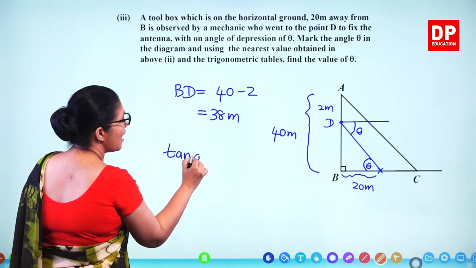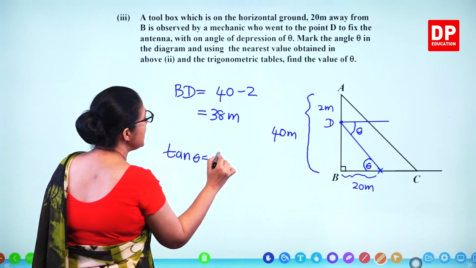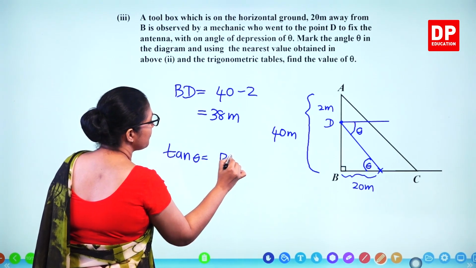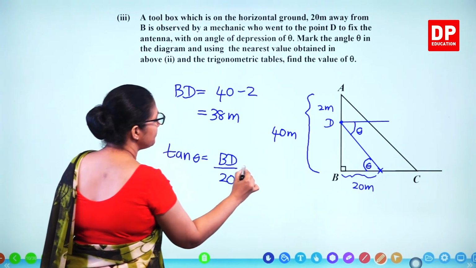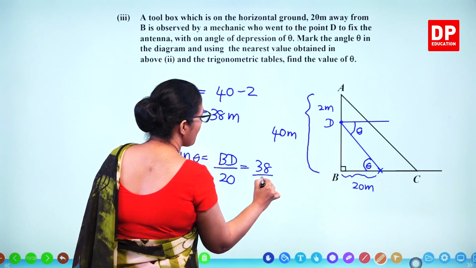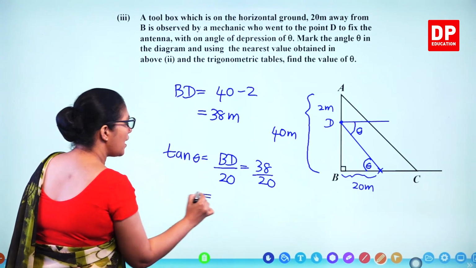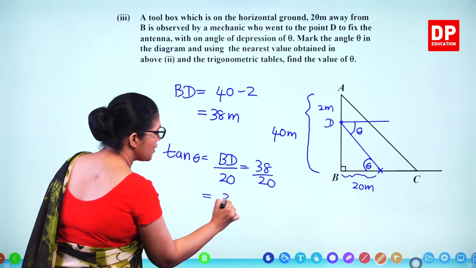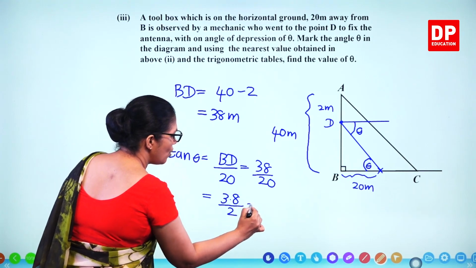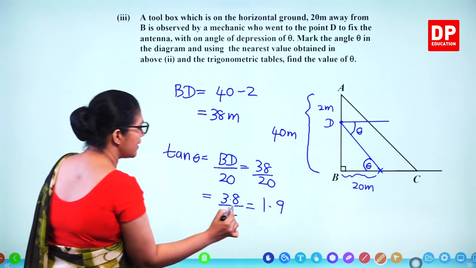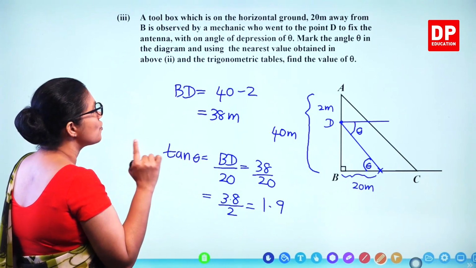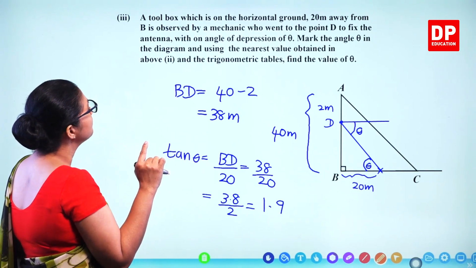Tan theta is equal to BD over 20, that's 38 over 20. When you divide by 10 first, that's 3.8 divided by 2. You get 1.9.